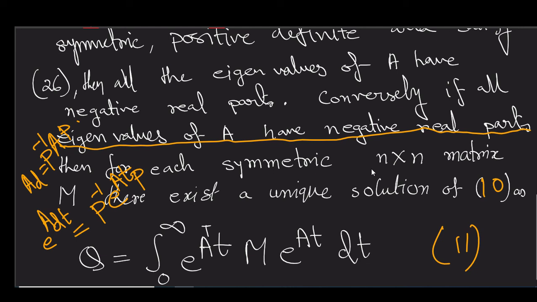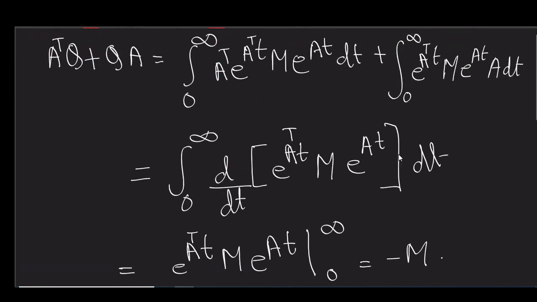For a 2 cross 2 case I am writing e to the power minus lambda 1 t, 0, 0, e to the power minus lambda 2 t. So with increasing t, this is going to 0. Therefore, if we consider this statement to be true, that all eigenvalues of A have negative real parts, then this is bound to become 0 with increasing time.